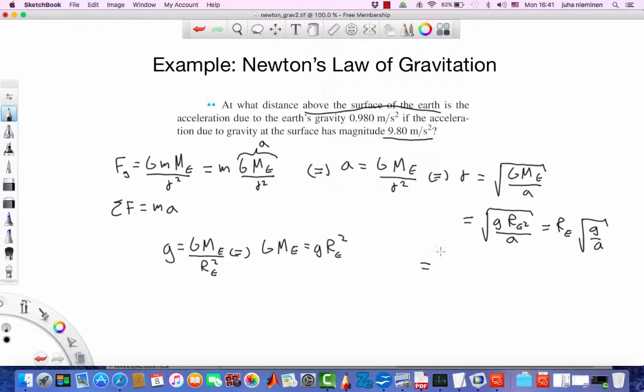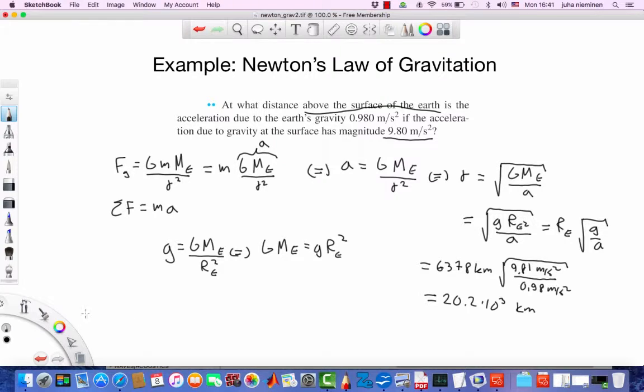So now if you put in the numbers, the mean radius of Earth is about 6,400 kilometers, and g was 9.81 meters per second squared, and at this other distance it's only one tenth of that, 0.98, and we get a radius of about 20.2 times 10 to the 3 kilometers, so about 20,000 kilometers.